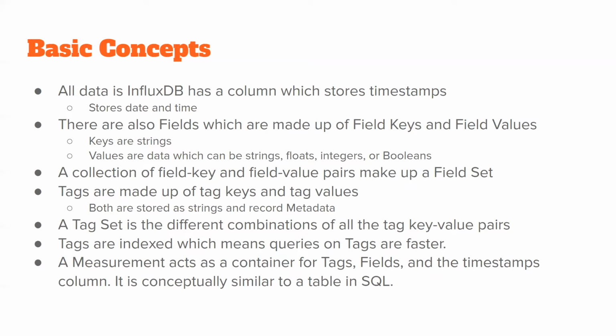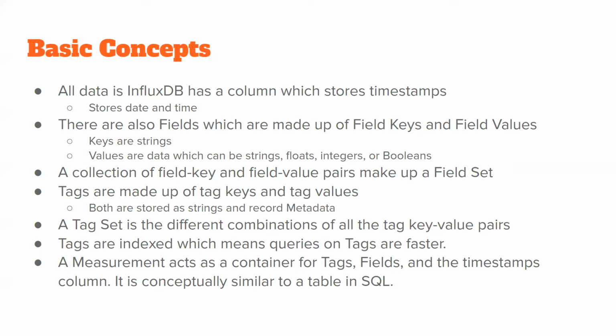There are also fields, which are made up of field keys and field values. Field keys are always strings, while field values can also be strings, but they can also be floats, integers, booleans. And then a collection of a field key and field value pair together makes up what's called a field set.